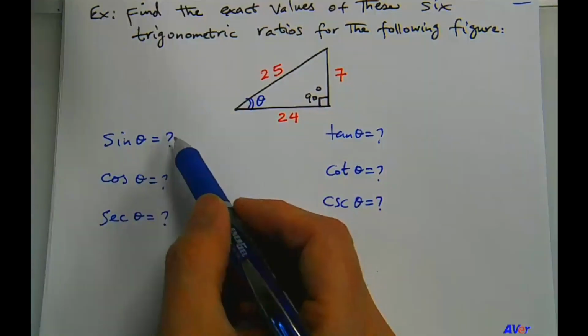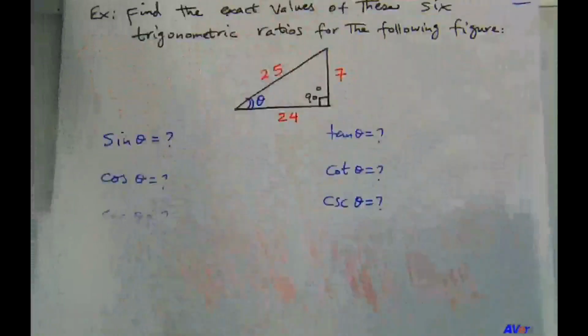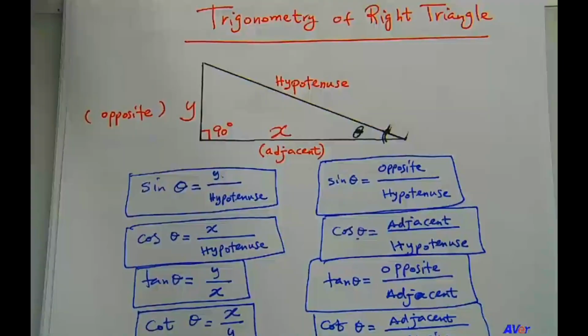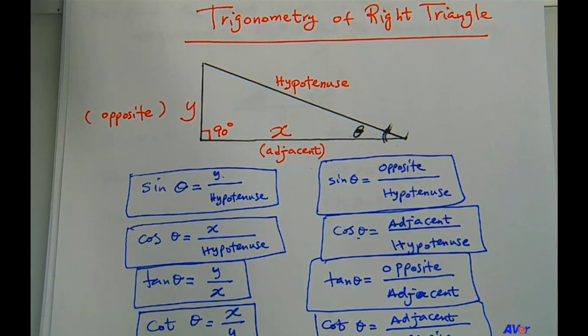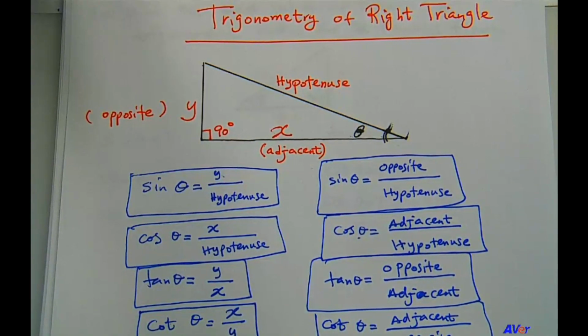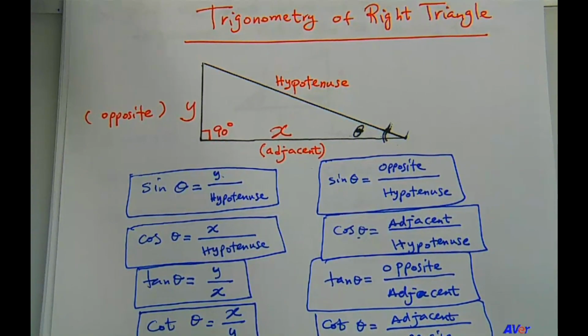Okay, so from this page, we talked about how that relationship works with respect to each trigonometric function and the sides of a right triangle. It's not very popular to memorize these things, but believe me, if you memorize these relationships of these 6 trigonometric functions and the right triangle, your task in this course will be infinitely easier.